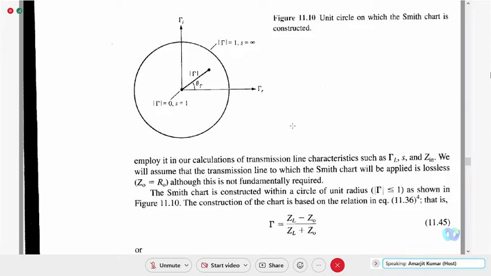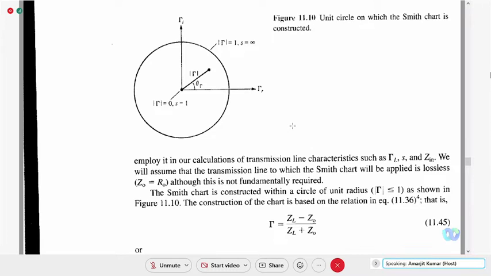The characteristic impedance of the transmission line can vary. It could be 50 ohm, 75 ohm, 150 ohm, 100 ohm. So basically we want to use one single Smith chart for all possible values of characteristic impedance.